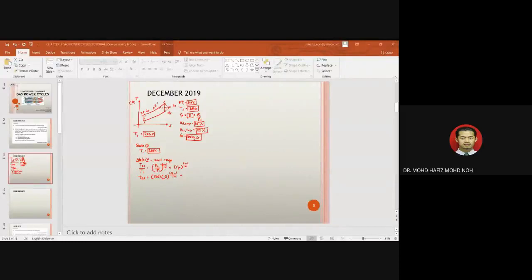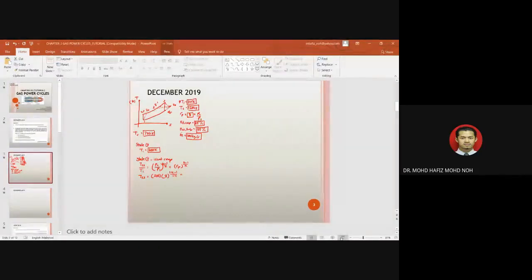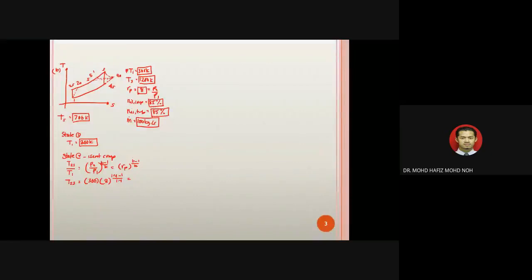Based on my calculation, the value of T2S will be 543.4342 Kelvin. Please check.